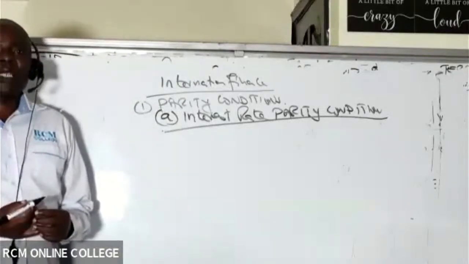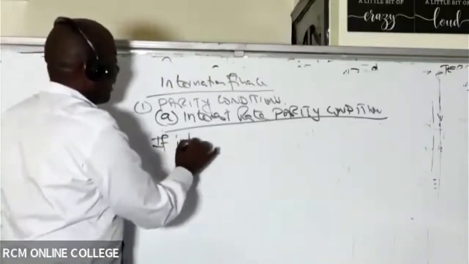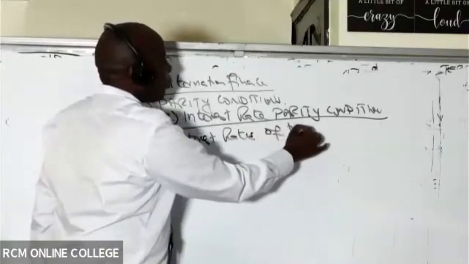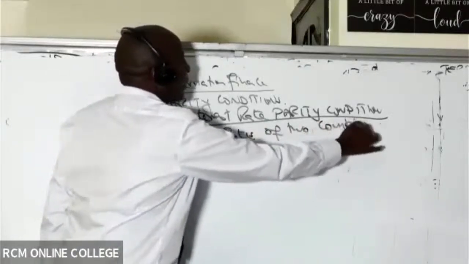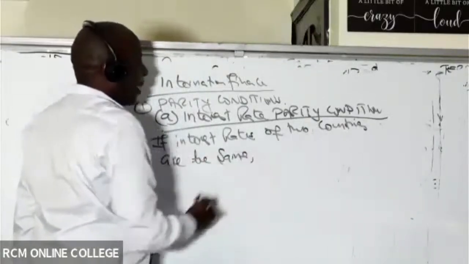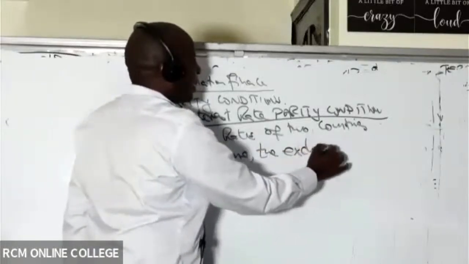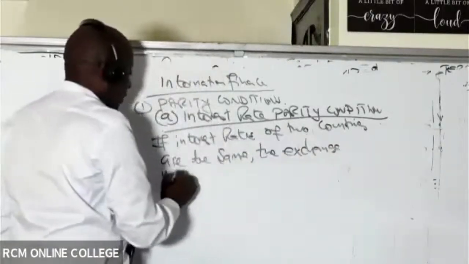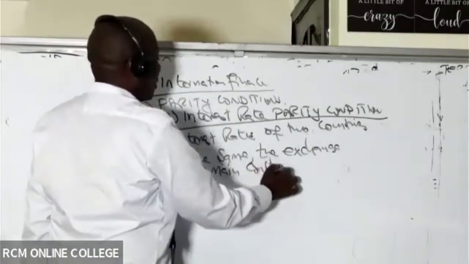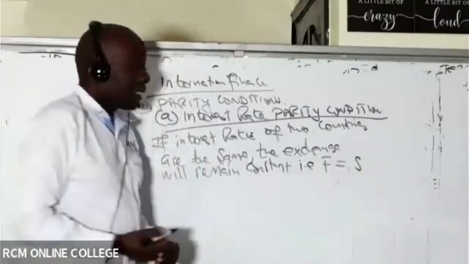And then you tell us there that if interest rates of two countries are the same, the exchange rate will remain constant, i.e. F will be equal to S.